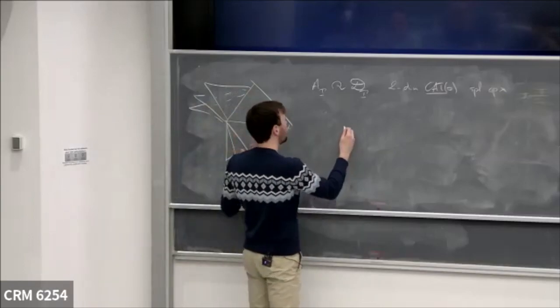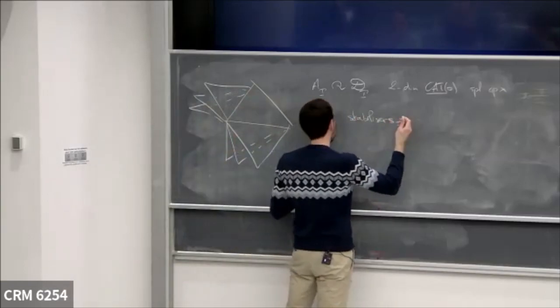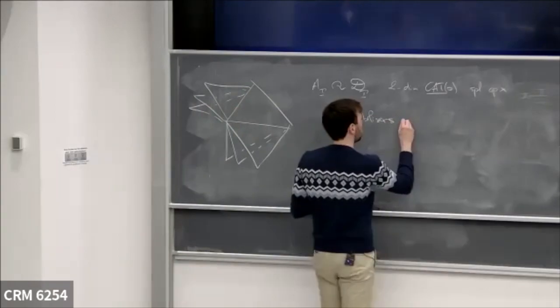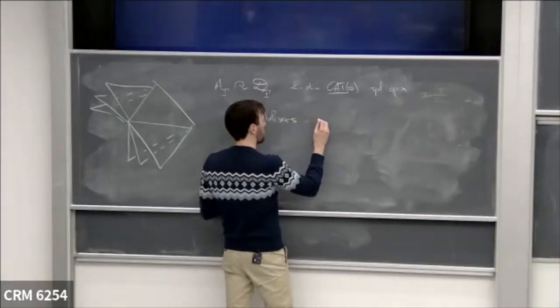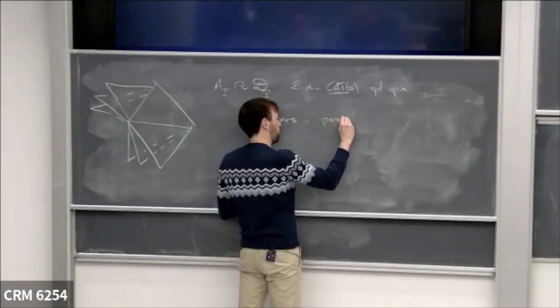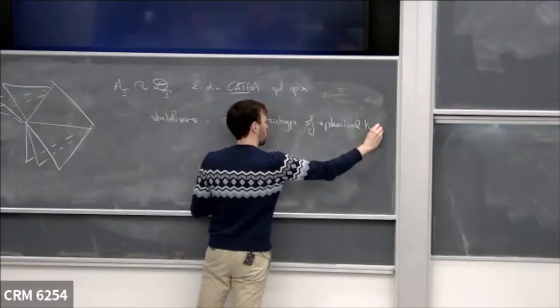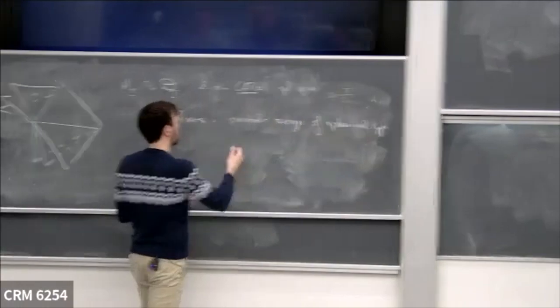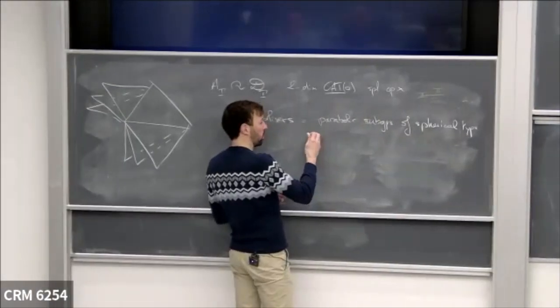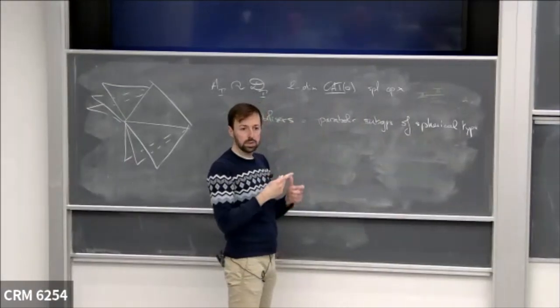So here the stabilizers are exactly, by construction, the parabolic subgroups of spherical type. And so in particular, there are three types, type 0, type 1, type 2.